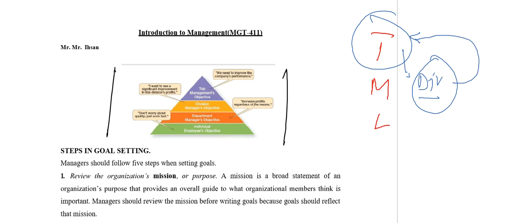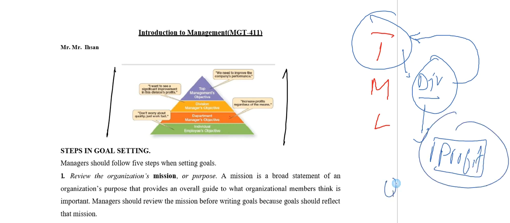At departmental level, when the goals are communicated, they will say that we have to increase the profit regardless of means. If our quality is not good, it is okay, but our profit should be high.